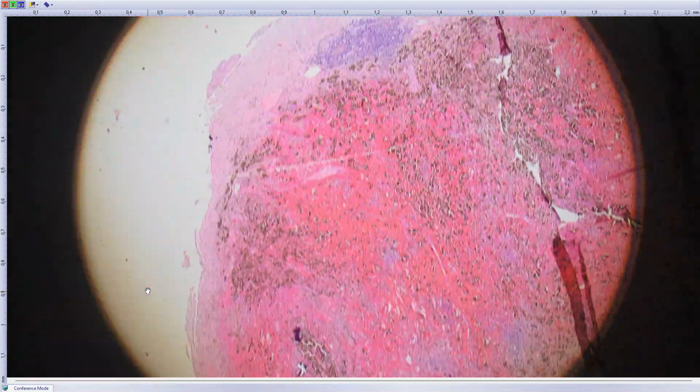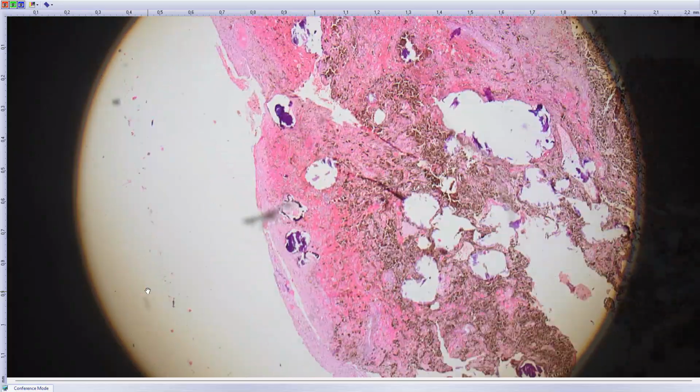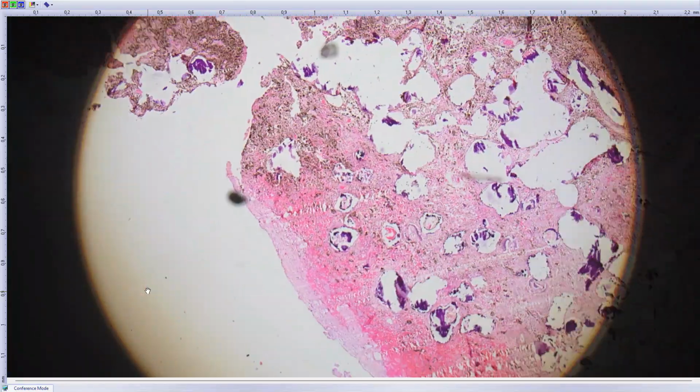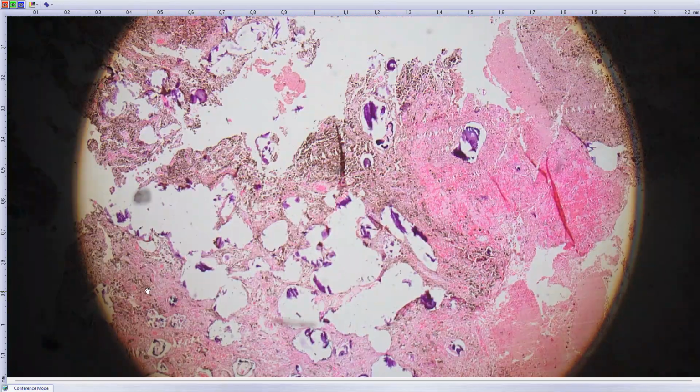So it was a kind of cystic tumor, very hemorrhagic, with dispersed calcifications. And from this low power, it almost looks like some reparative changes, some reactive changes after some hemorrhage.